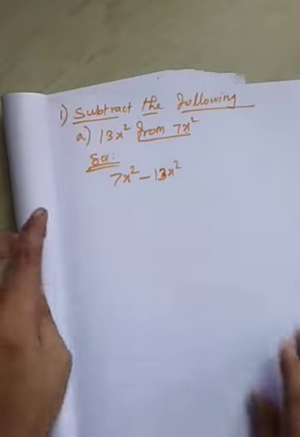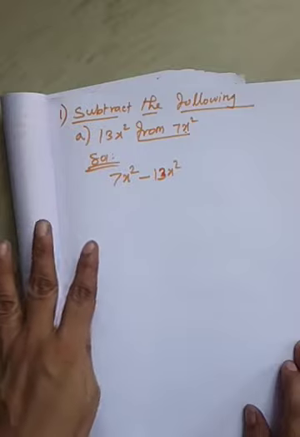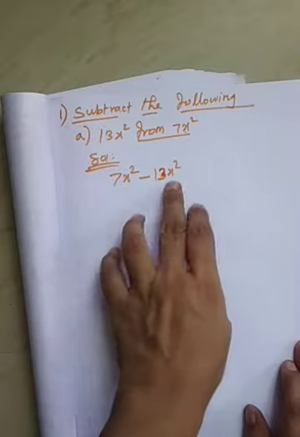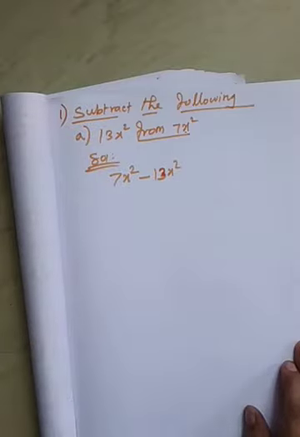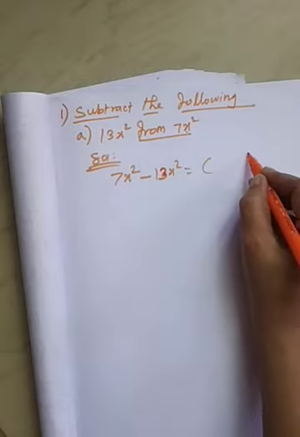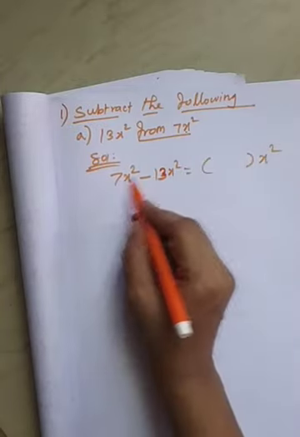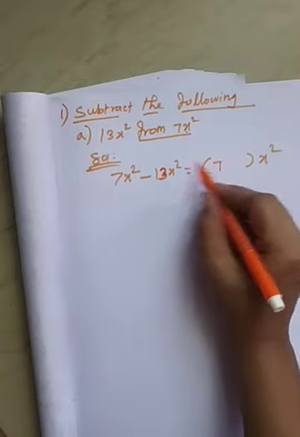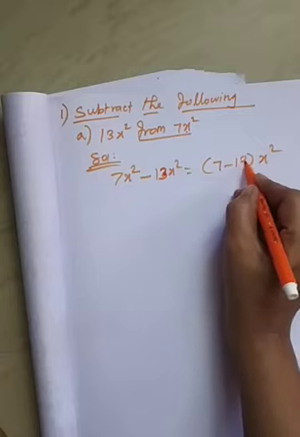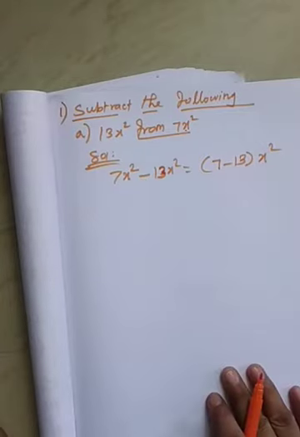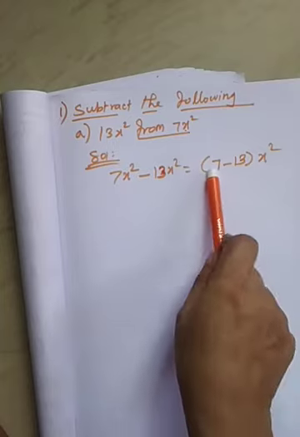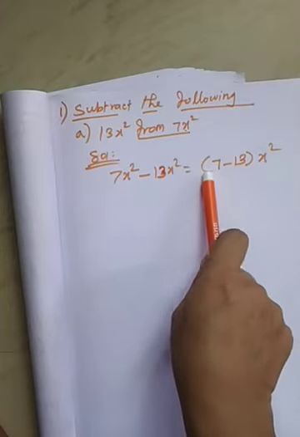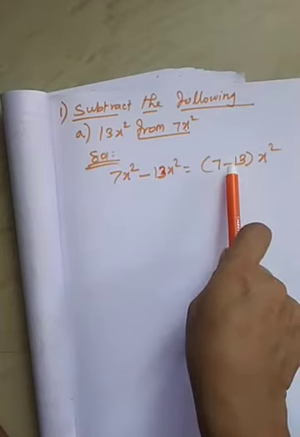Now everybody clear in this one? After that, here x squared is the common value. So you can take x squared common. Write the remaining value. What is that remaining? 7 minus 13. Okay, see here the 7 sign is plus, 13 sign is minus.